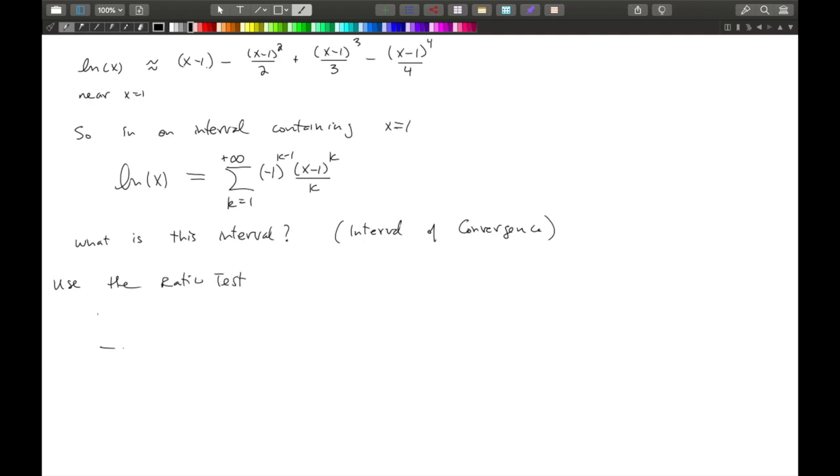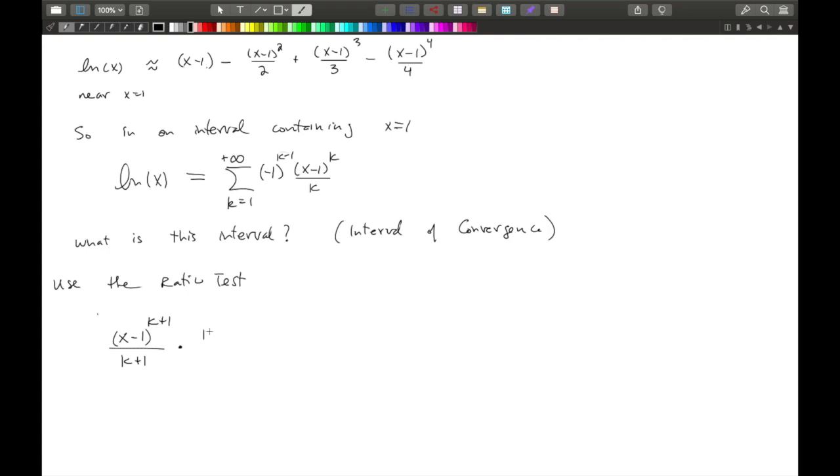So we increment k and take the absolute value. Since we're taking the absolute value, we can not write the negative 1 to the k. So we are simply going to take the non-alternating part of the series and increment k: x minus 1 to the k plus 1, divided by k plus 1, and we need to essentially multiply by the reciprocal.